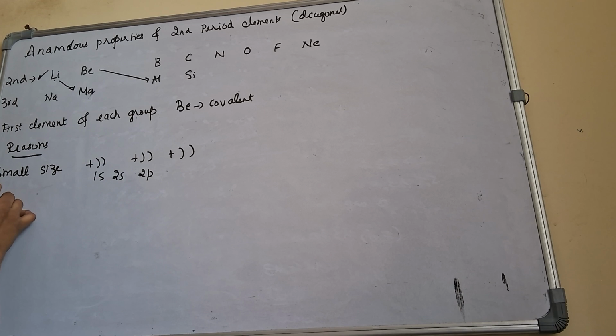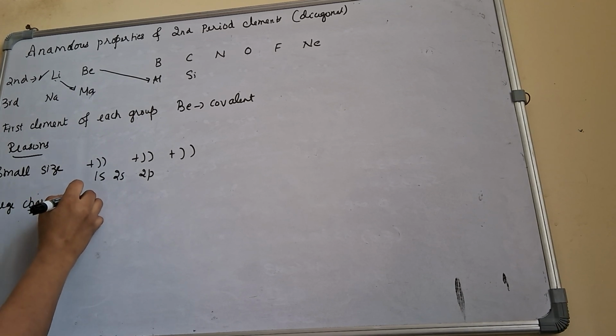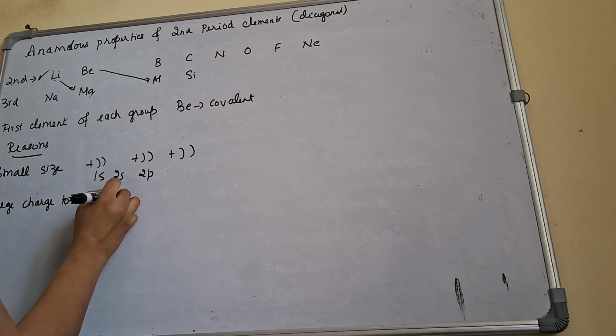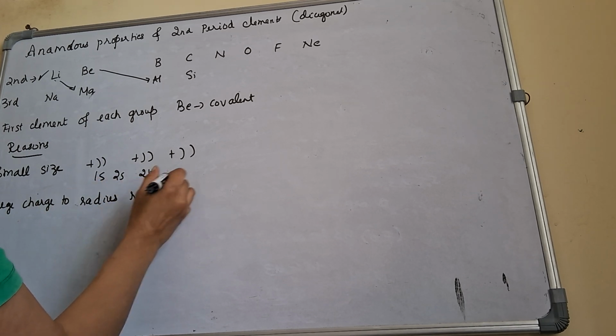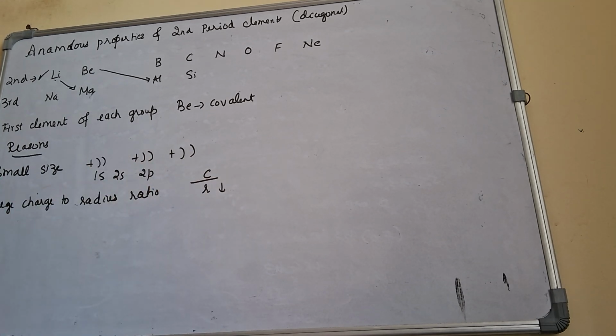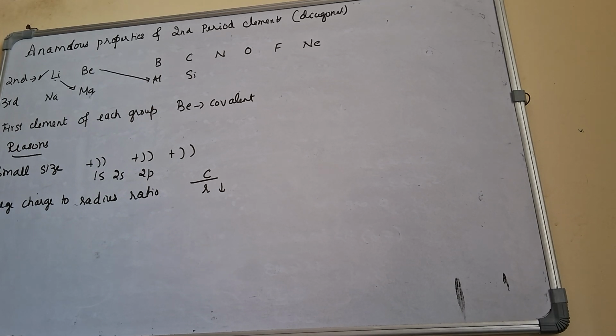They have a large charge to size ratio. What is the meaning of this? Charge to radius ratio. It's obvious, right? Charge by radius. Radius is very, very small because there are only two shells. So, obviously the ratio will be high. Right? So, they have a very large charge to radius ratio and high electronegativity for the first elements in each group.